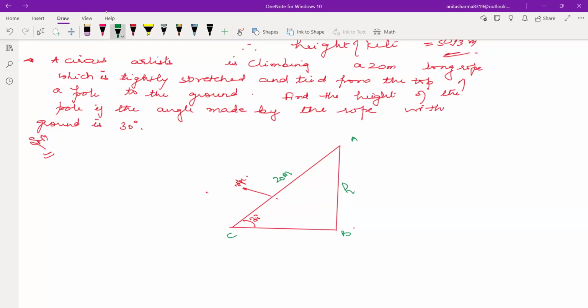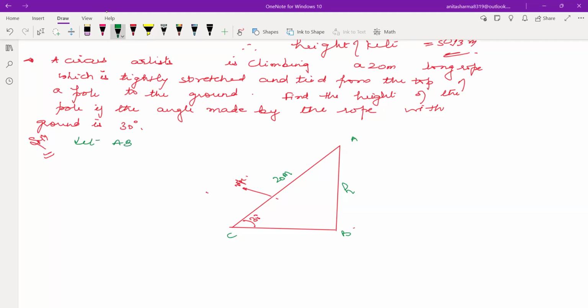Done, children? Tell me your answer. Hurry up. Ma'am, is the height 10 meters? Yes. Ma'am, even I got the same answer. Yes, correct. The height of the pole should be 10 meter.